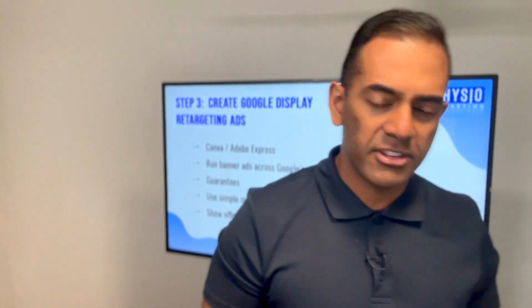Another really powerful way to create retargeting ads, and this is a big hack, is let's just say somebody went to your website and they went to the low back pain page of your website. You know that they were looking for more information on low back pain. So the chances are that they actually had low back pain, right? You can get your messaging in front of them over and over again, retarget them with the same message.